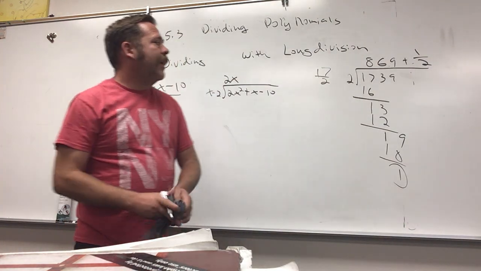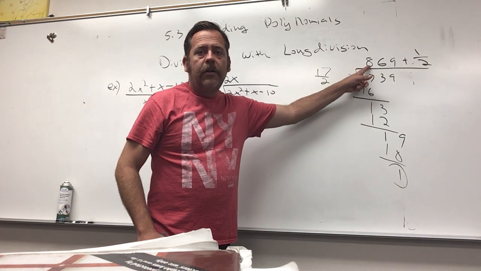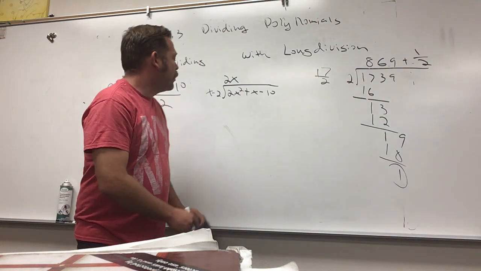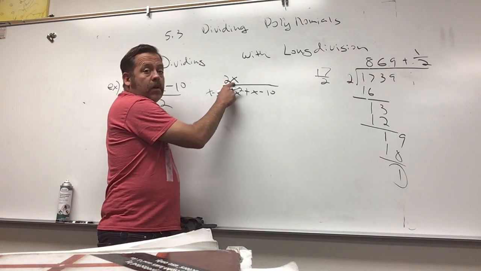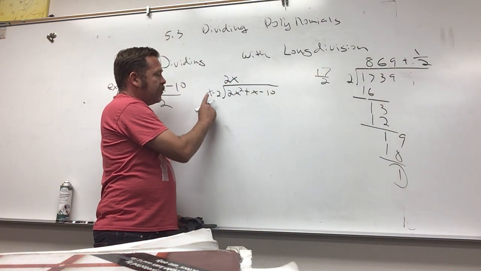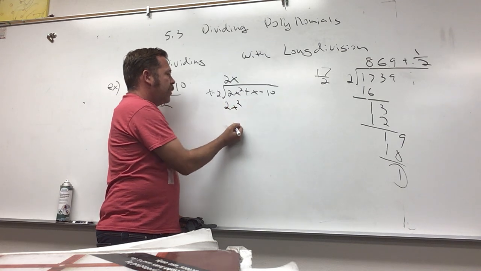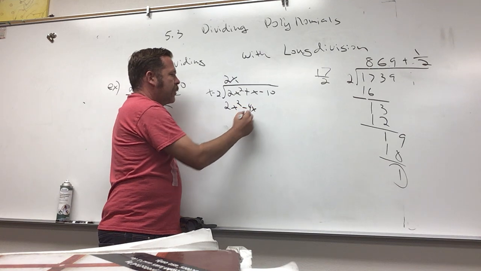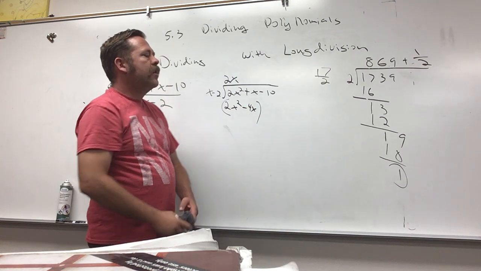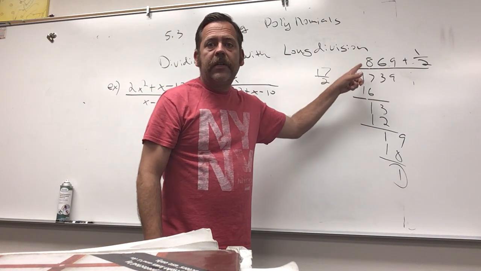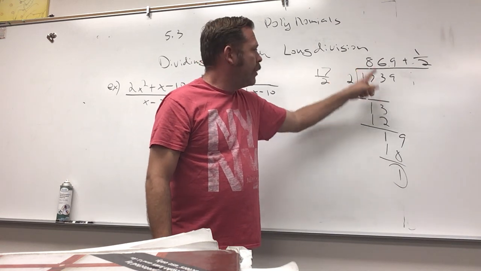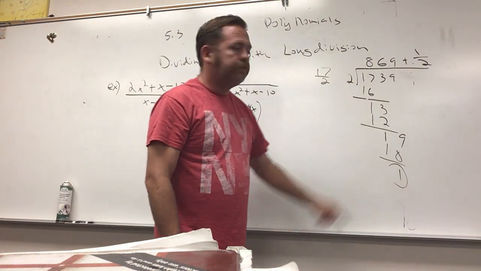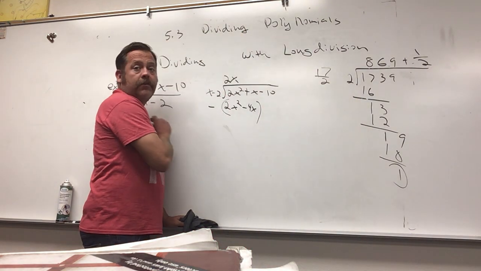Now, after I got the 8 here, I multiplied 8 times 2 to get this 16. Well, now that I got this 2x, we're going to multiply. 2x times x is 2x squared. 2x times negative 2 is minus 4x. In the long division, after we multiply, we subtract, right? So what do you think I'm going to do now?